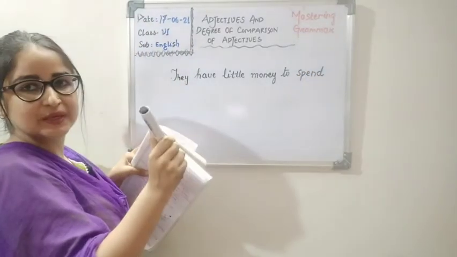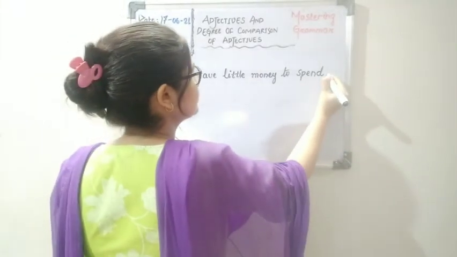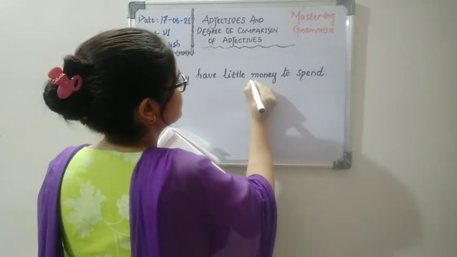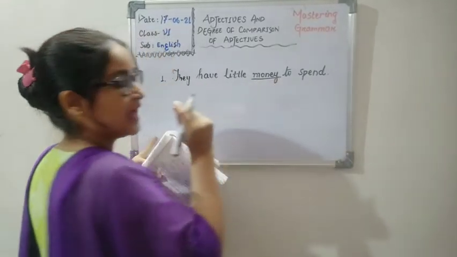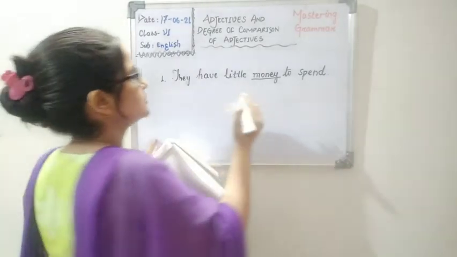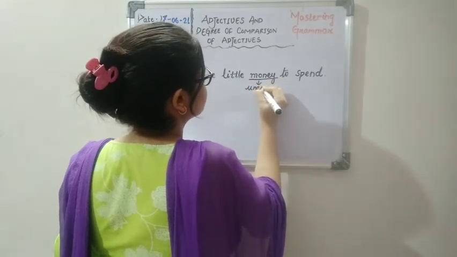So first we note the noun in the sentence, right? Let's first work with the noun. So here we can see the noun is money, and you know money is an uncountable noun.